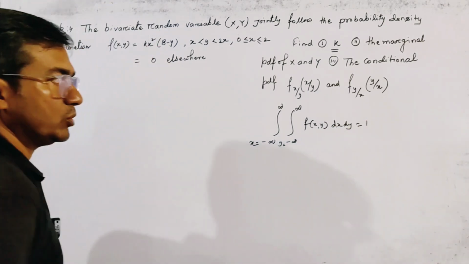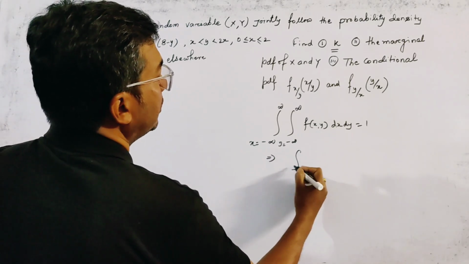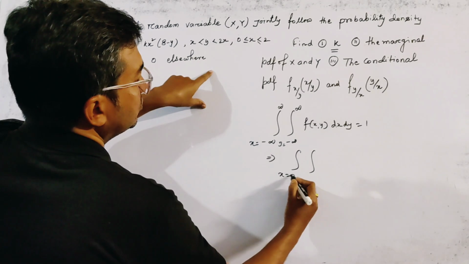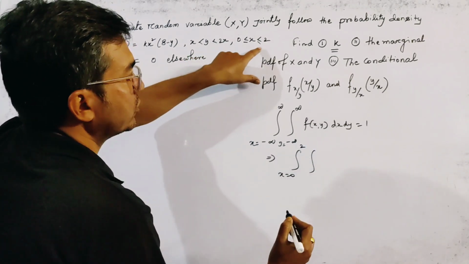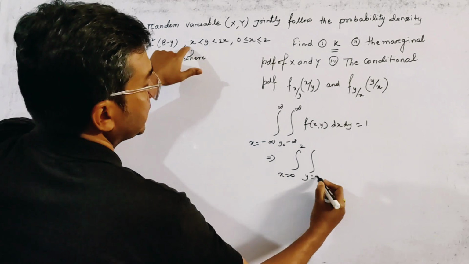This is equal to 1, we know that. From the given range, we write x from 0 to 2, because this is the constant range, and y from x to 2x.